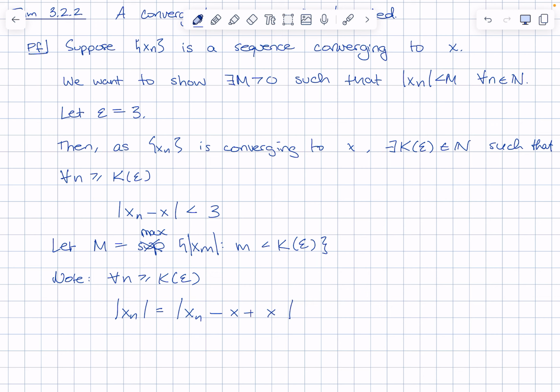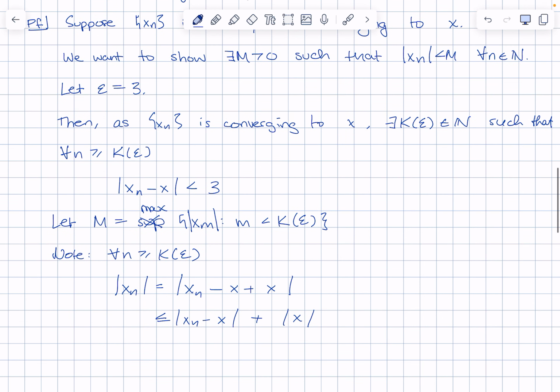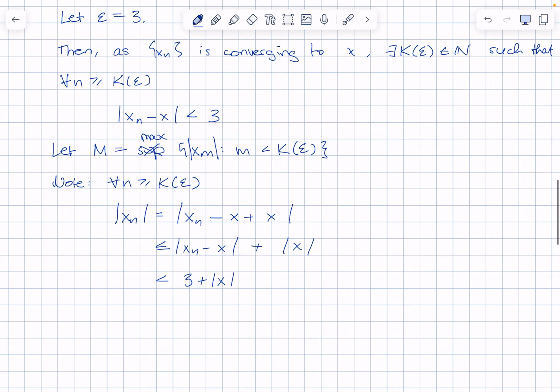Triangle inequality allows us to split it into what? |xn minus x| plus |x|. And then we know |xn minus x| is what? x is a limit, so the absolute value of x is not going to change. So 3 plus that is not going to change.